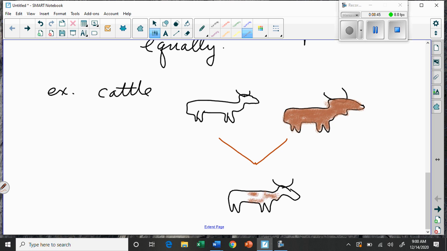Not so much actually spotted. What you'd be getting is little white hairs everywhere and dark hairs sort of everywhere being expressed. So there would be all these regions where the cow has a mix of white.